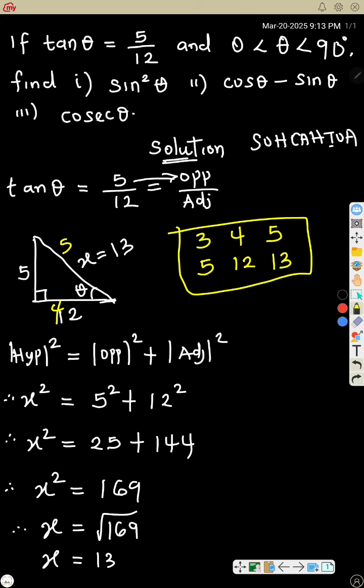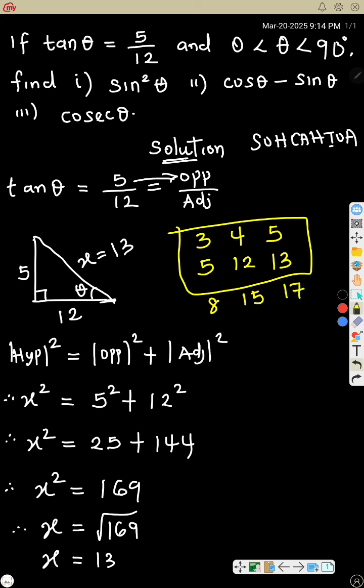If you look at the second one now, it's 5, 12, 13. They gave us 5 and 12, so I don't need to use Pythagoras theorem again. I will know the next one is 13. Those are numbers that you just have to know. JAMB usually uses most of those numbers. Another one is 8, 15, and 17.